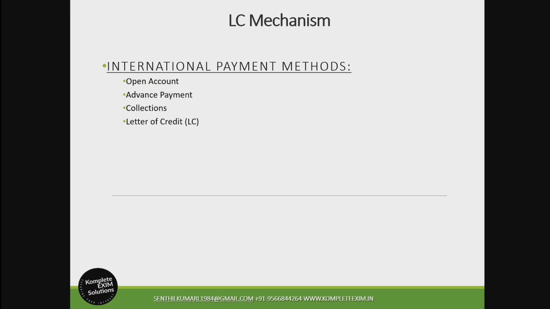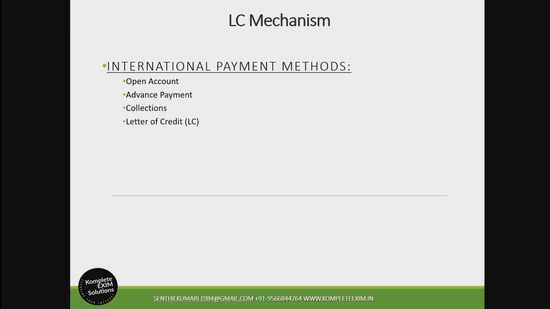In fact, for a new exporter, this is not the right method. But people use open account, and open account has the maximum share in international payment. Almost 75% of people use open account trading, because once the exporter and importer have built some trust after doing trade for 2 or 3 years, they come to this one where there is a trust behind it.